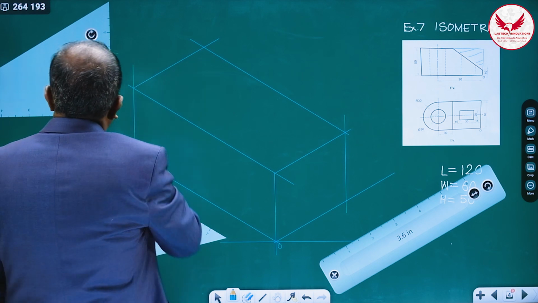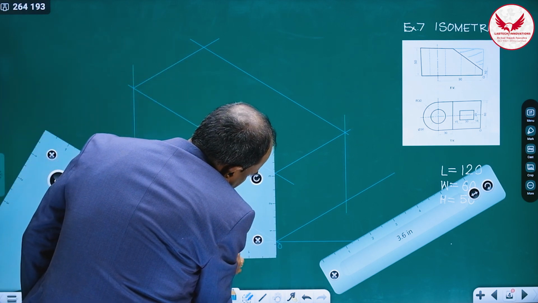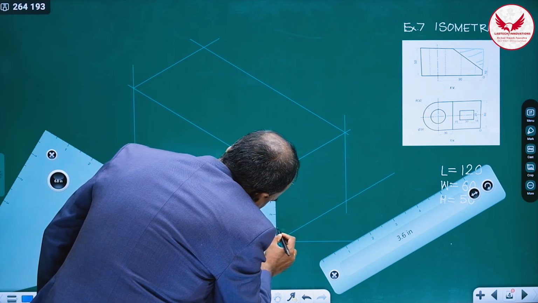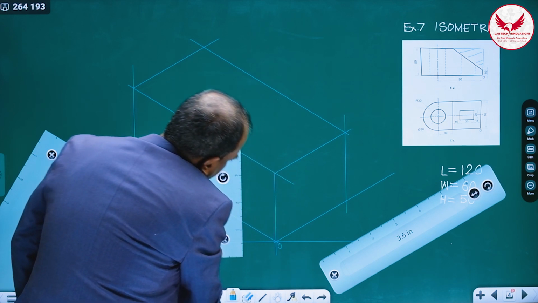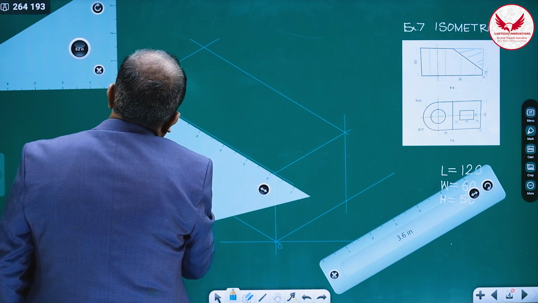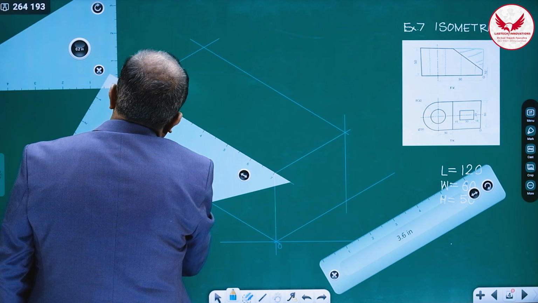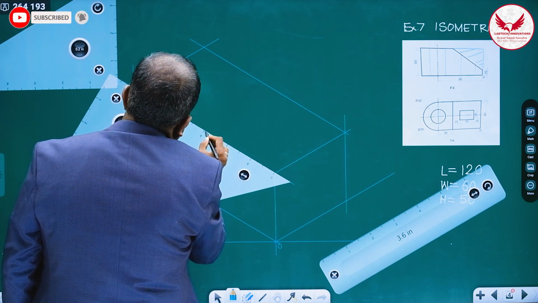Then how to remove it? Mark from this 10 mm, so it is 10 mm only, and over here we have to mark 60 out of the 120, that is 20, 30, 60.